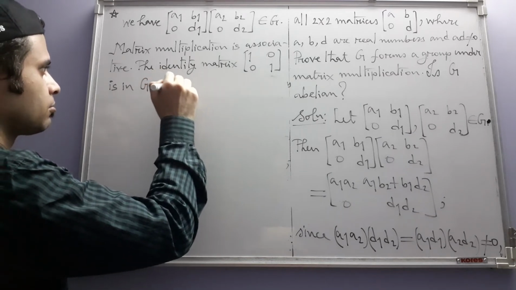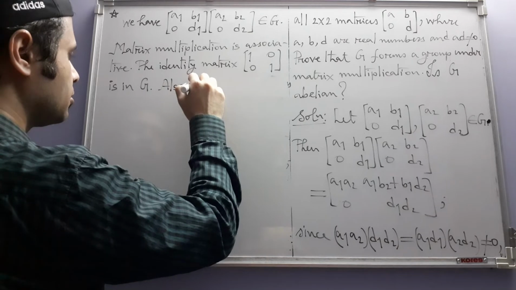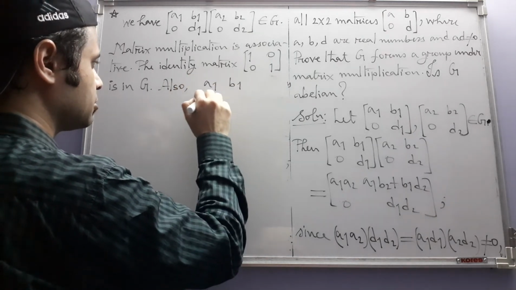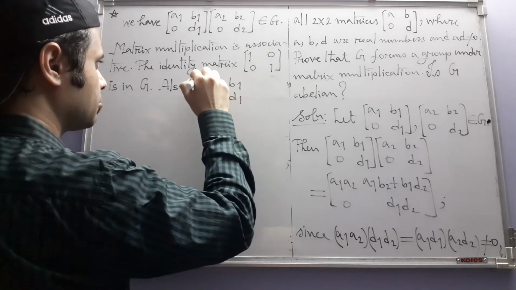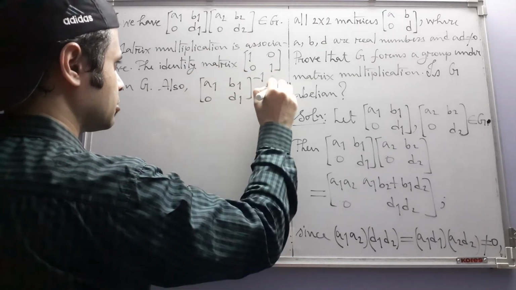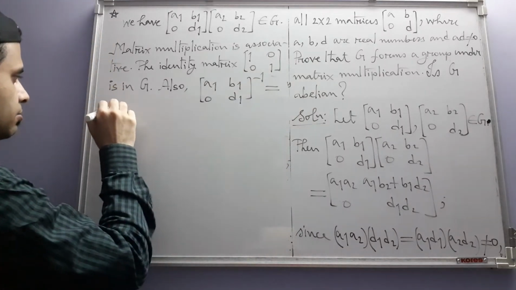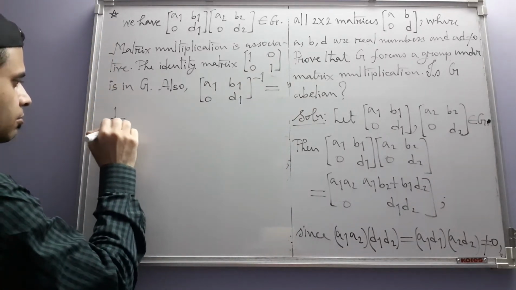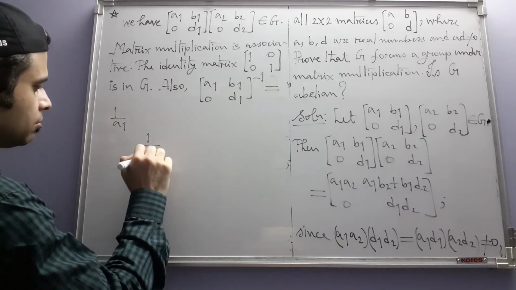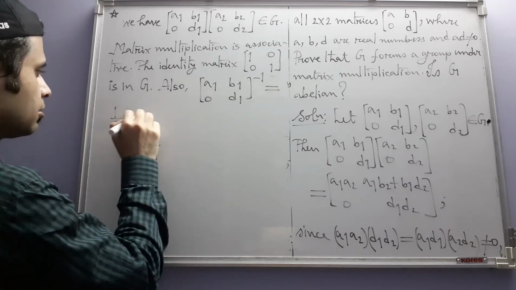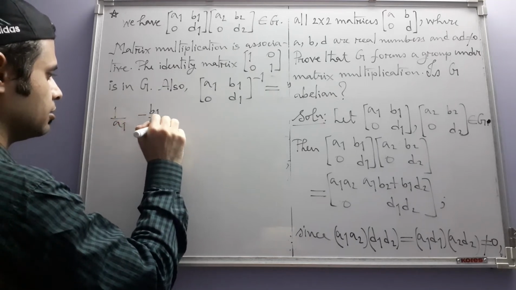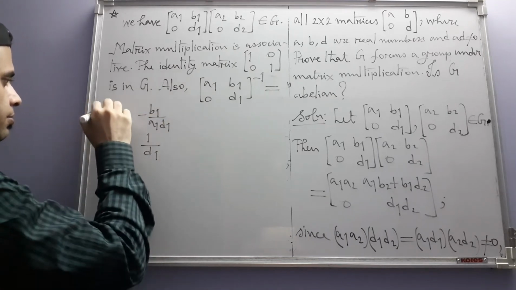Also, what about the inverse to this one? (A1 B1 0 D1) inverse is equal to (1 by A1, minus B1 by A1 D1, 0, 1 by D1).